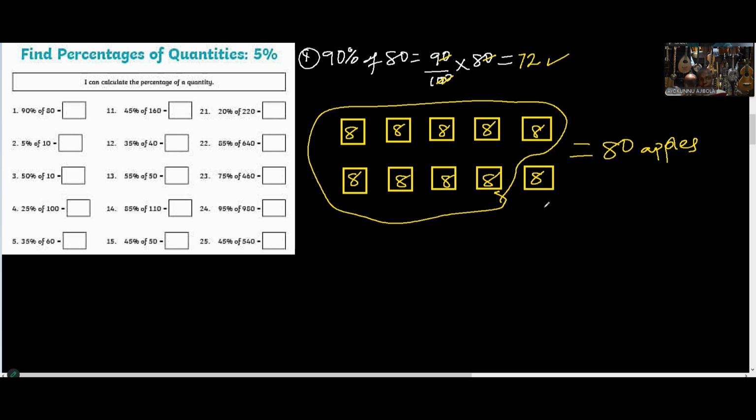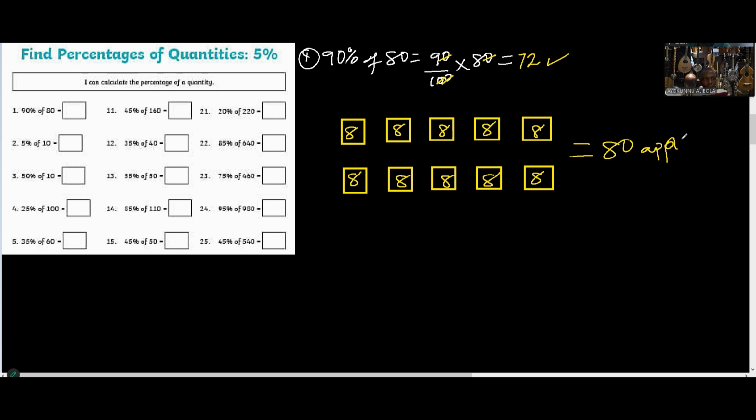Is that clear? Yeah. And if you add them all up, it will give you the 72. Okay, so the total is 80 apples. Because we were asked for 90% of 80, we got 72, right?